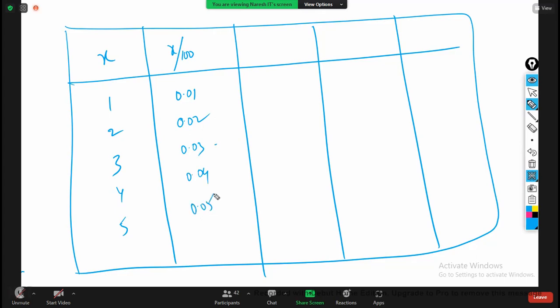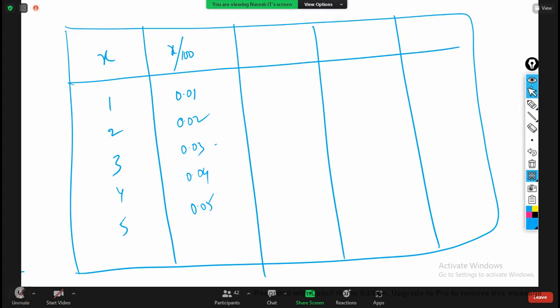This is called scaling. Dividing by 10 or by 1000, anything like that is called scaling. Scaling just means you are reducing the values of the original data.